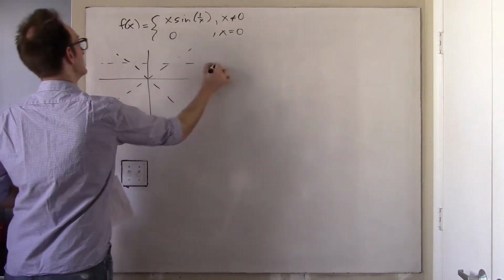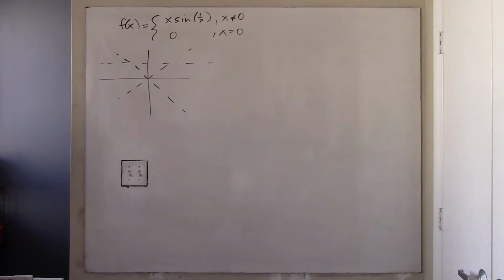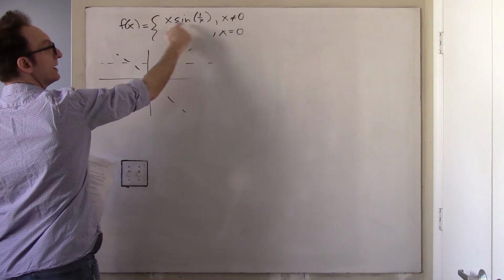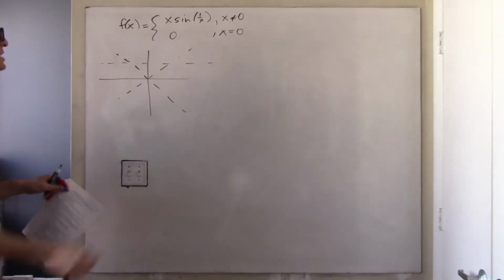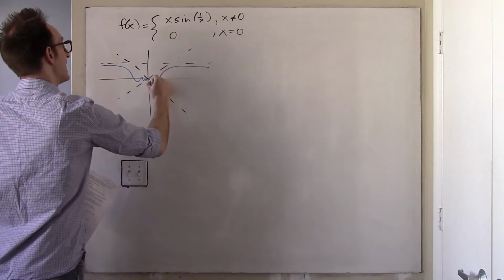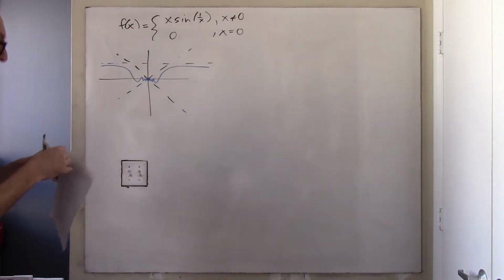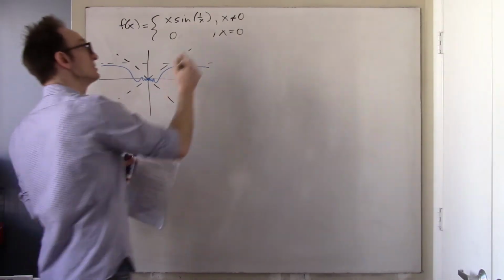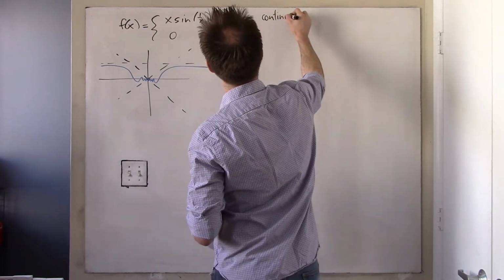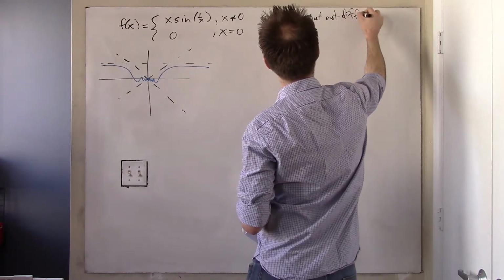Looks like this, and the function oscillates infinitely often, but the x is squeezing it so that the limit at 0 is in fact 0, and by defining it to be 0 at 0, we have that this function is continuous but not differentiable.